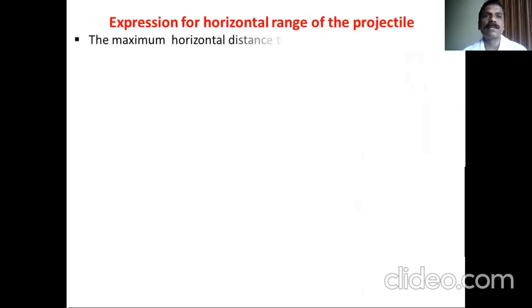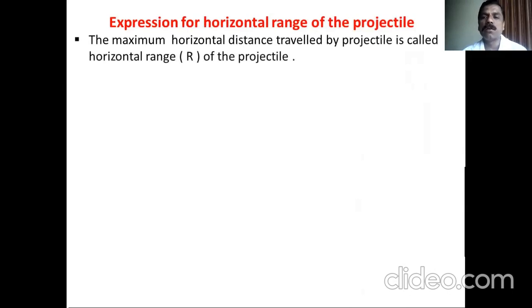Similarly, we can find another expression for the horizontal range of the projectile. In the diagram, the horizontal range is shown with a capital R, and that is the maximum distance traveled by the projectile along the x-axis, which we already know is called the horizontal range.